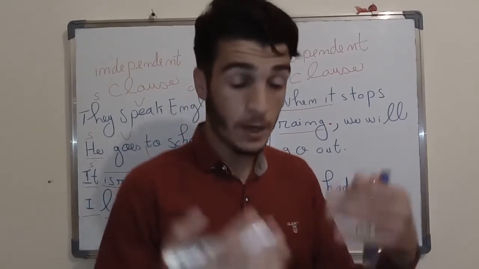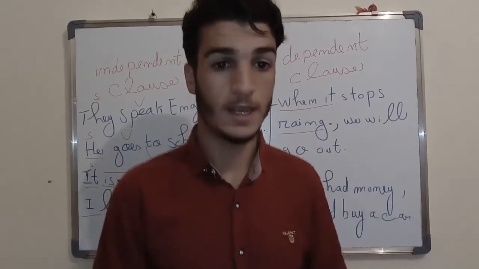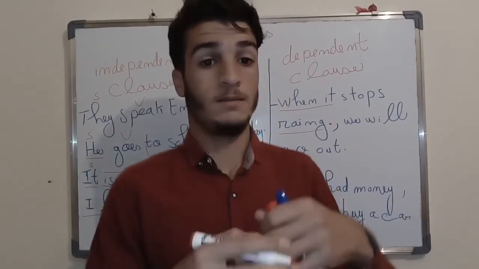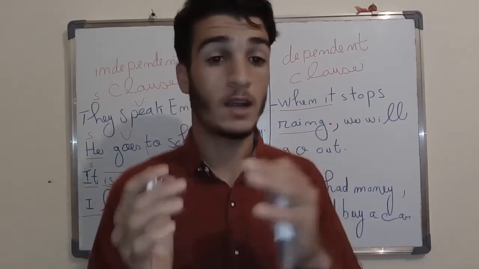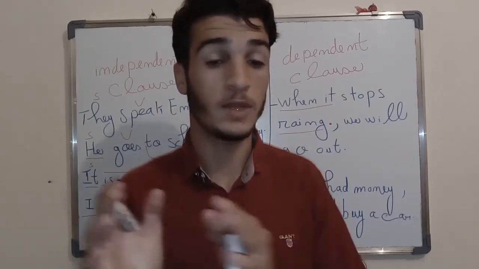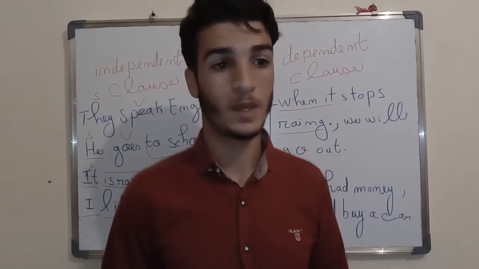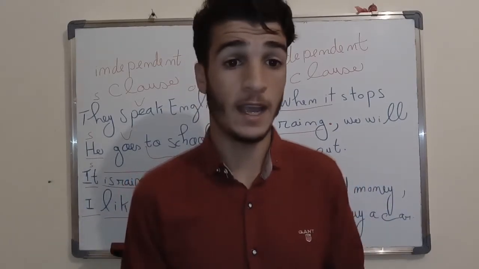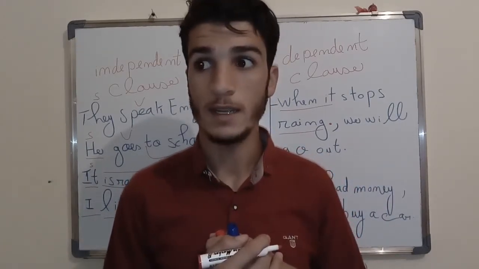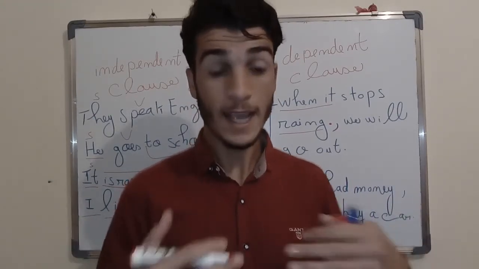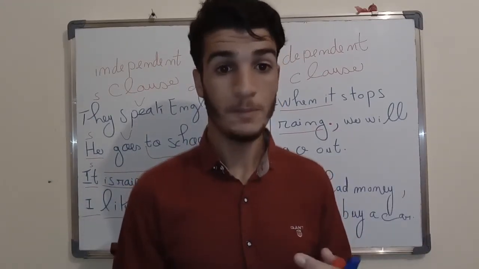I mean, there is sense there. But does that sense make a complete meaning, a complete clause that can be understandable? If it comes suddenly and I say, when it stops raining, and I stop, it doesn't make any sense. I can't understand.